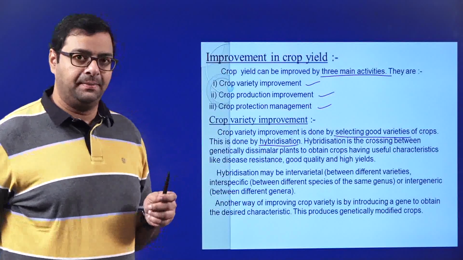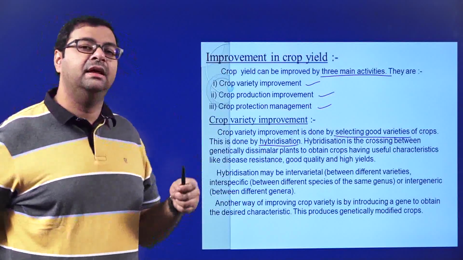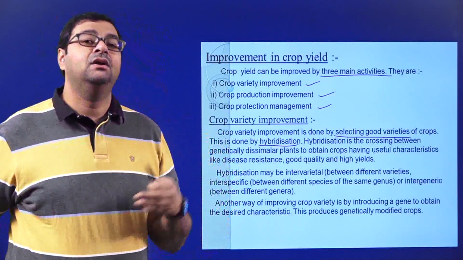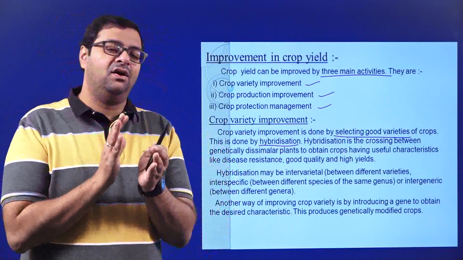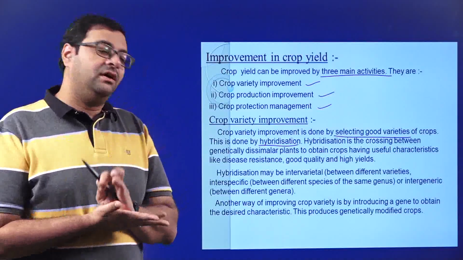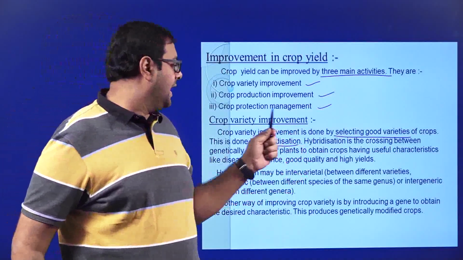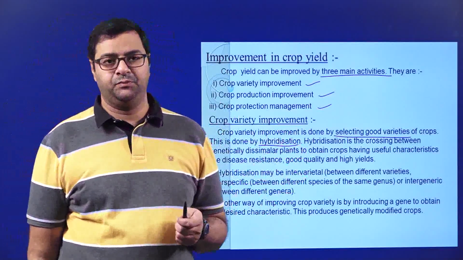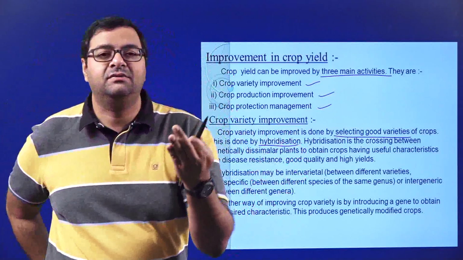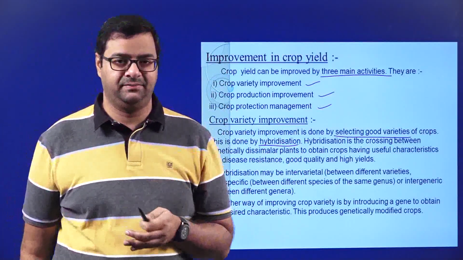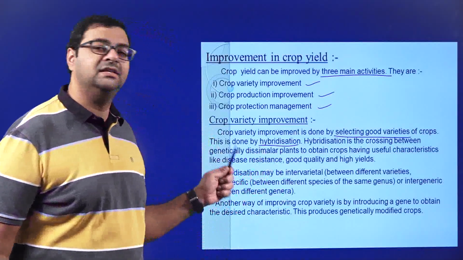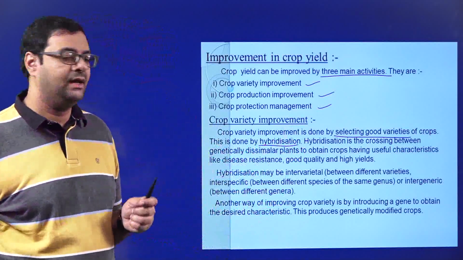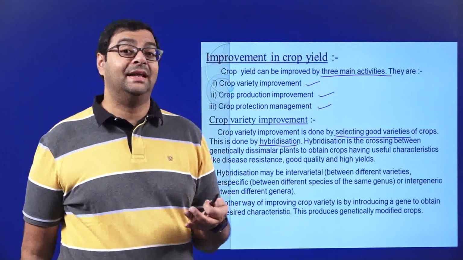When they do that, they look at the characteristics of that particular plant, whether it is high yielding or not, whether it is disease resistant or not, and what quality of product the plant is giving. Though it is high yielding, the quality of the yield should also be very high. That is what is taken care of in the hybridization technique.